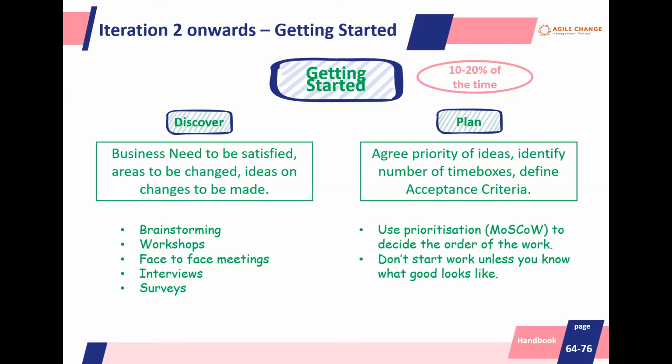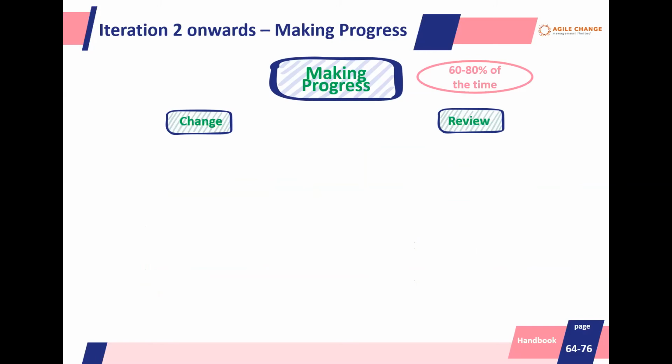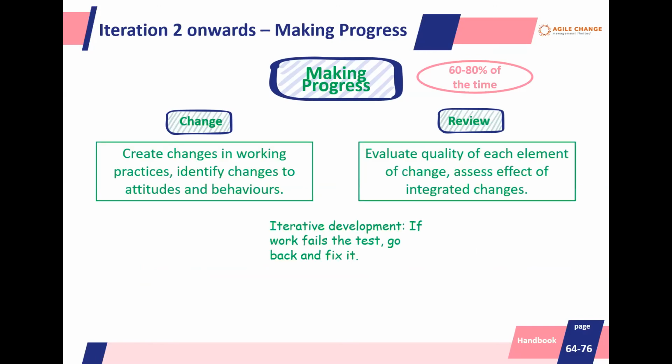So in plan, you mustn't leave the plan activity without understanding those acceptance criteria, which of course, in making progress, you then apply. So we create the changes in the working practices, and we identify not just process changes, but changes to attitudes, behaviours, how people do their work, who they work with, what equipment they use, when they do their work, where they do their work.